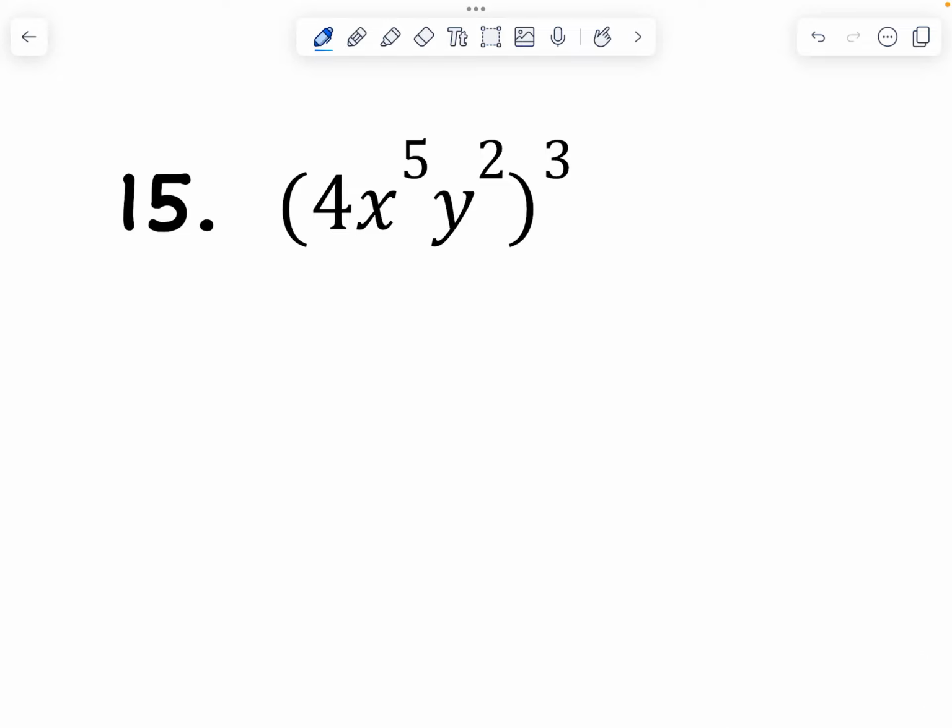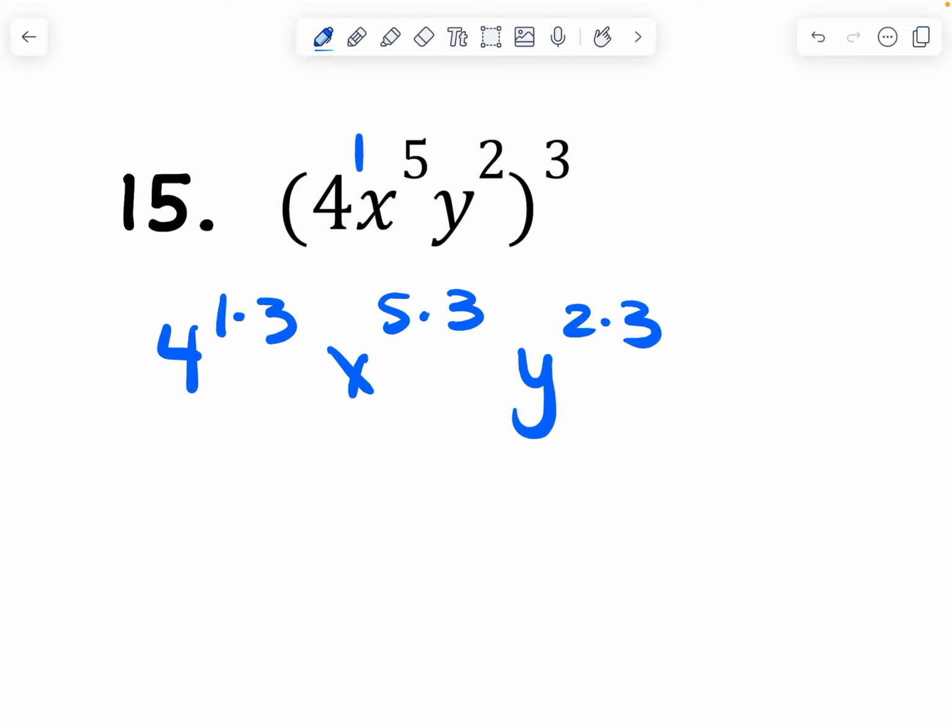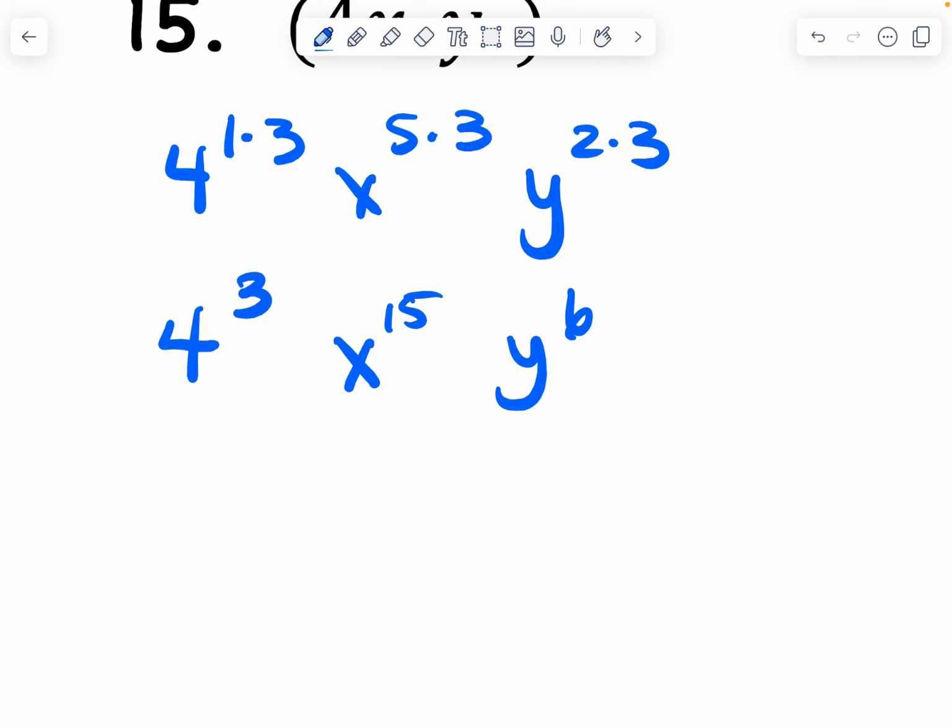Number 15. Remember that's 1. So 4 to the 3rd, x to the 15th, y to the 6th, and that's going to be 64 x to the 15th, y to the 6th.